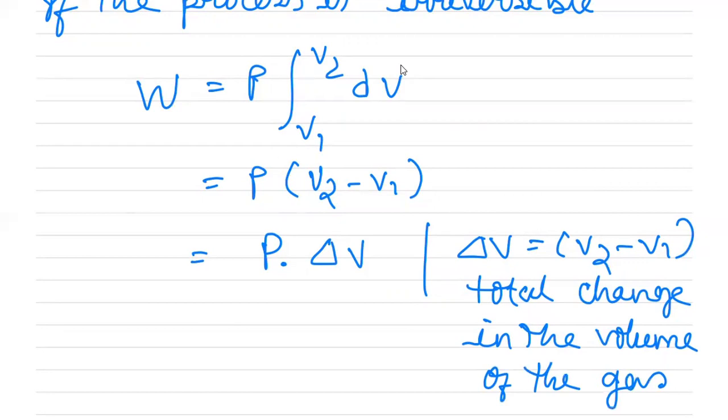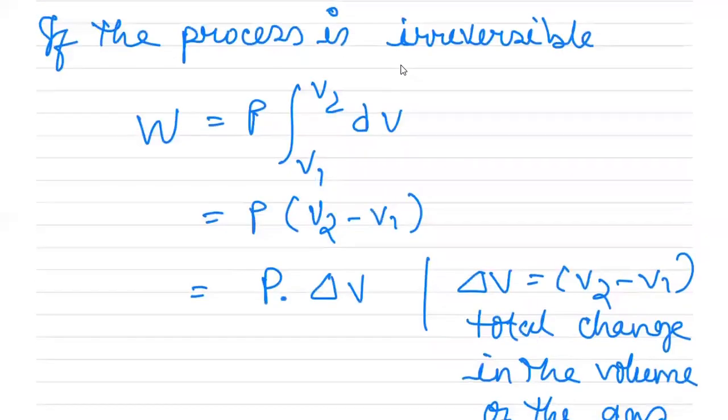Now this is when the external pressure is less than the internal pressure. That's why expansion takes place. If the external pressure is more than the internal pressure, then compression will take place instead of expansion.